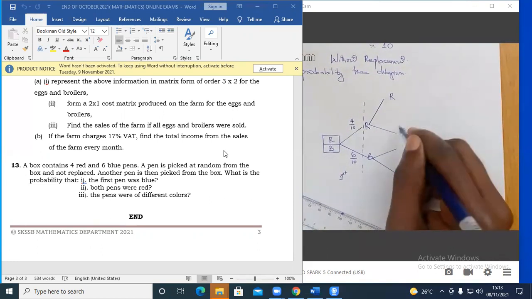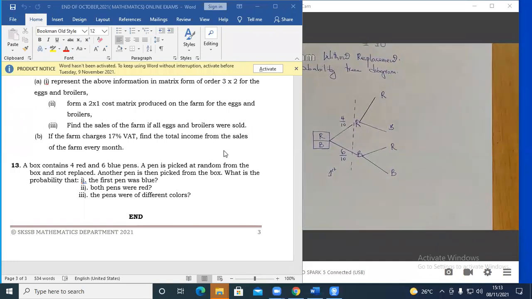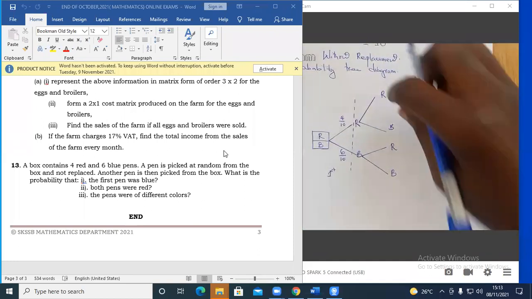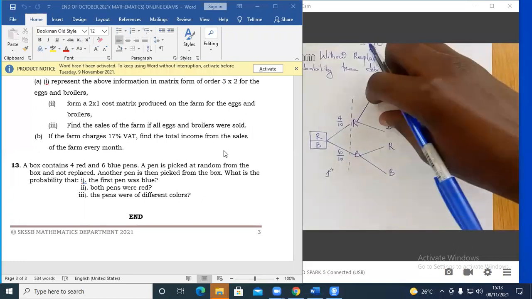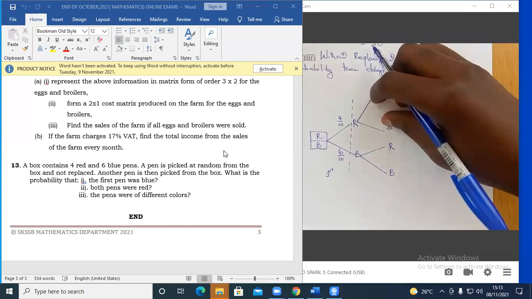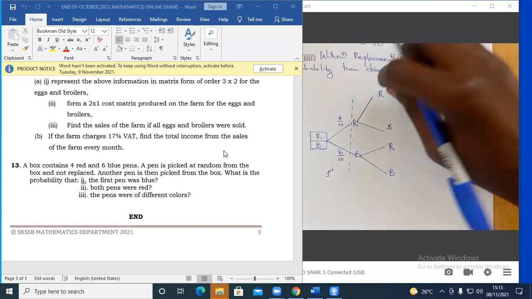You pick red or blue. Here you have to be very attentive. In the first branch, I'm going to assume that I've picked a red pen.